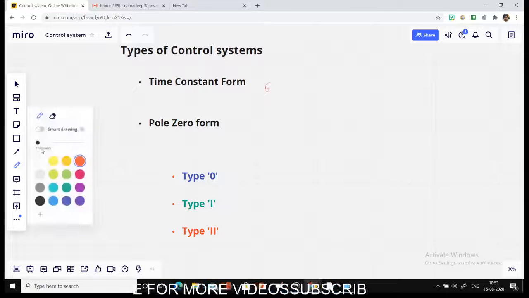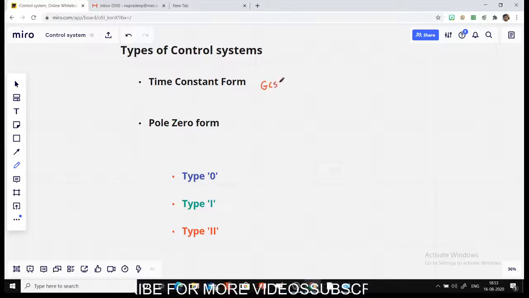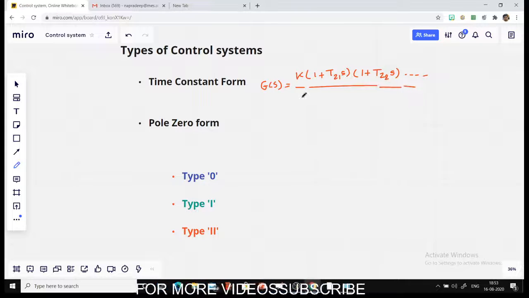So G of s can be given by K, and in the numerator (1 plus Tz1 s)(1 plus Tz2 s), and so on, upon s raised to n into (1 plus Tp1 s)(1 plus Tp2 s), and so on.